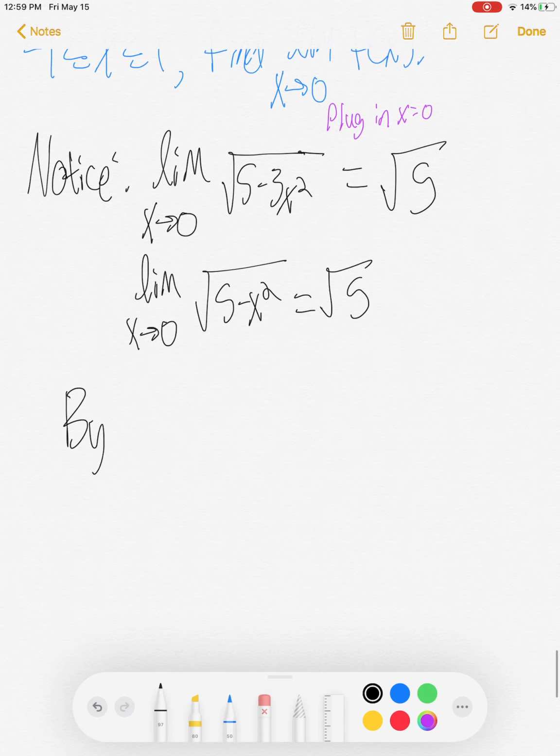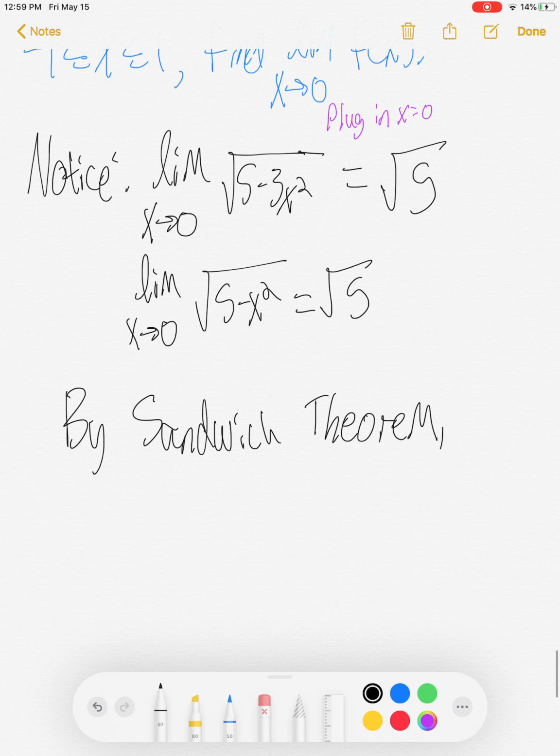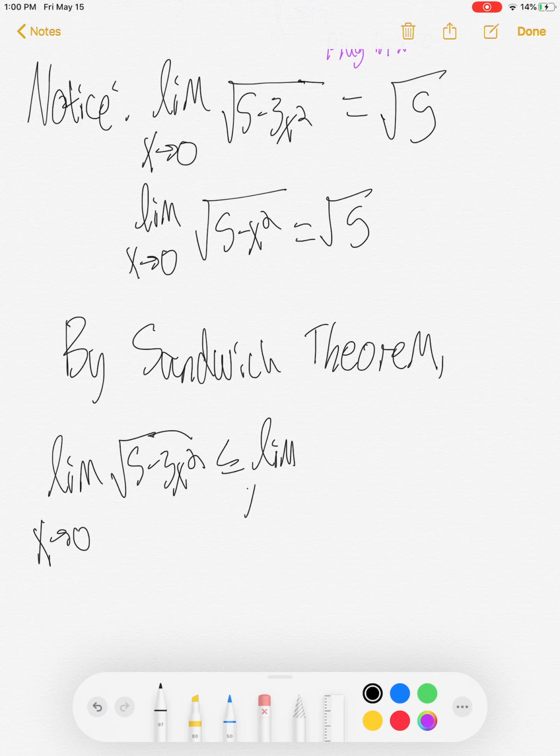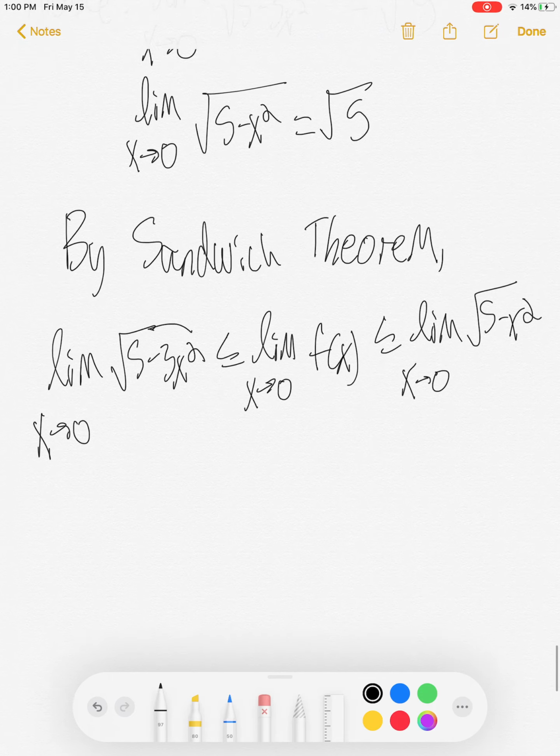So now, by the Sandwich Theorem, one of the most fantastically named theorems in mathematics, the limit as x approaches 0 of root 5 minus 3x squared is less than or equal to the limit as x approaches 0 of f of x, which is less than or equal to the limit as x approaches 0 of root 5 minus x squared.